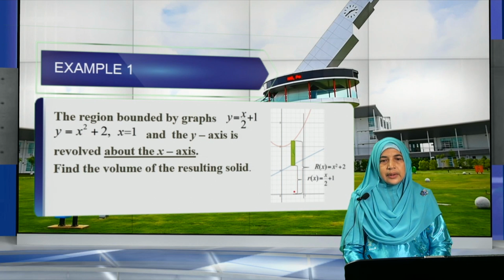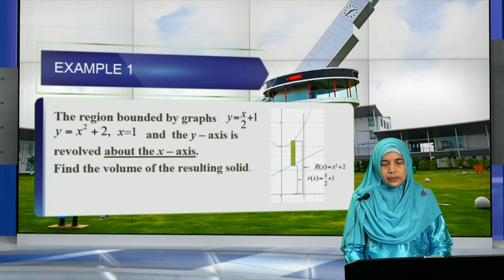So this is the radius of the hole, and then we have the length from this x-axis to the parabola, which is the radius of this washer. So the big R is x squared plus 2, and the small radius, inner radius, is x over 2 plus 1. Okay, this is the small radius, and this is the radius of the washer.